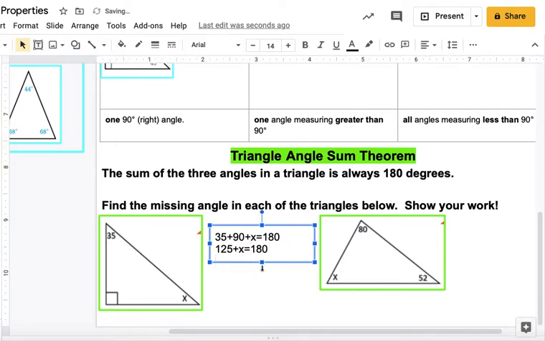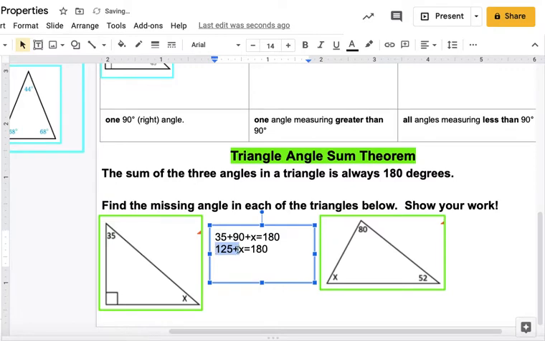Finally, we would have to subtract 125 from both sides to get x by itself. So x equals 55 degrees. Okay, take a moment, solve this other one using the same method. Add the 3, subtract from 180 to find your missing angle.